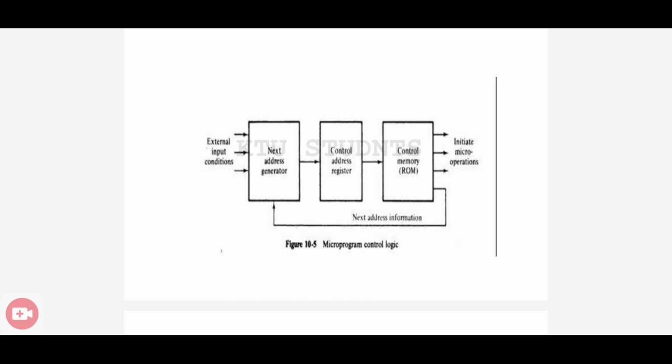Okay, so in microprogram control there are three components: the next address generator, the control address register, and the control memory. Here the control memory can be a ROM. The content of the ROM are the control words, otherwise known as micro instructions. The output of the control memory is the micro instruction, which initiates some micro operations.